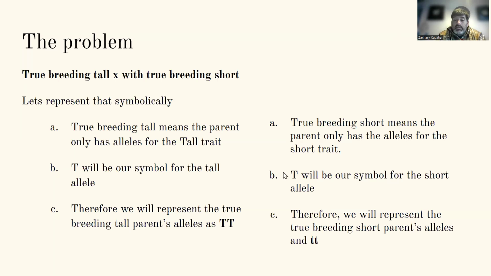So even though it can possibly pass along two different tall alleles, it really only has a tall allele. So we're going to say it's big T, capital T, as a representation of that. And this represents those alleles that can be passed on.